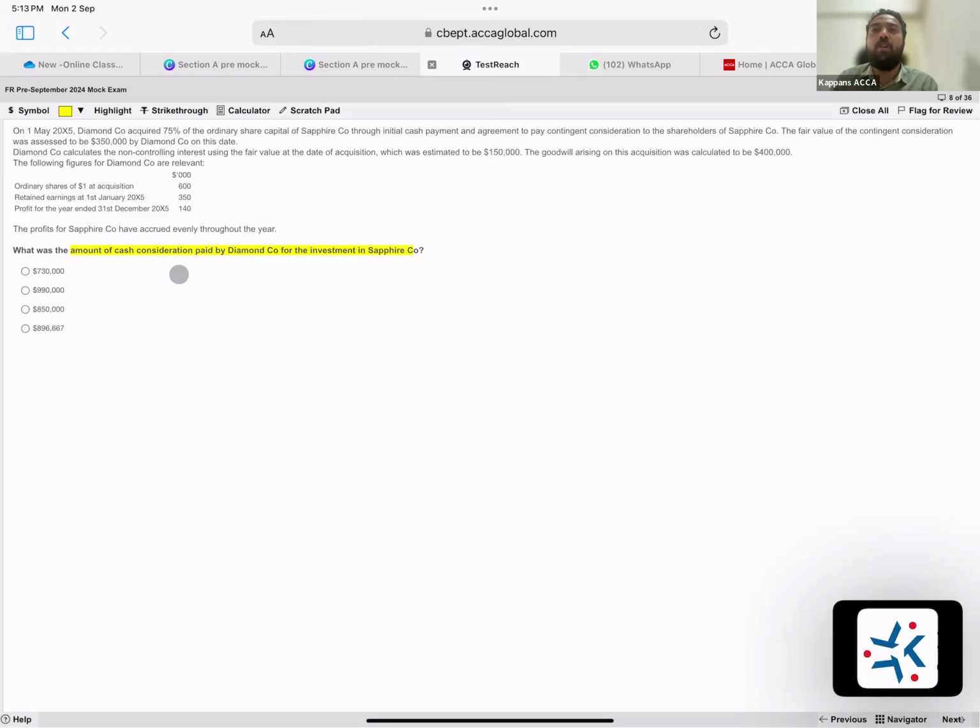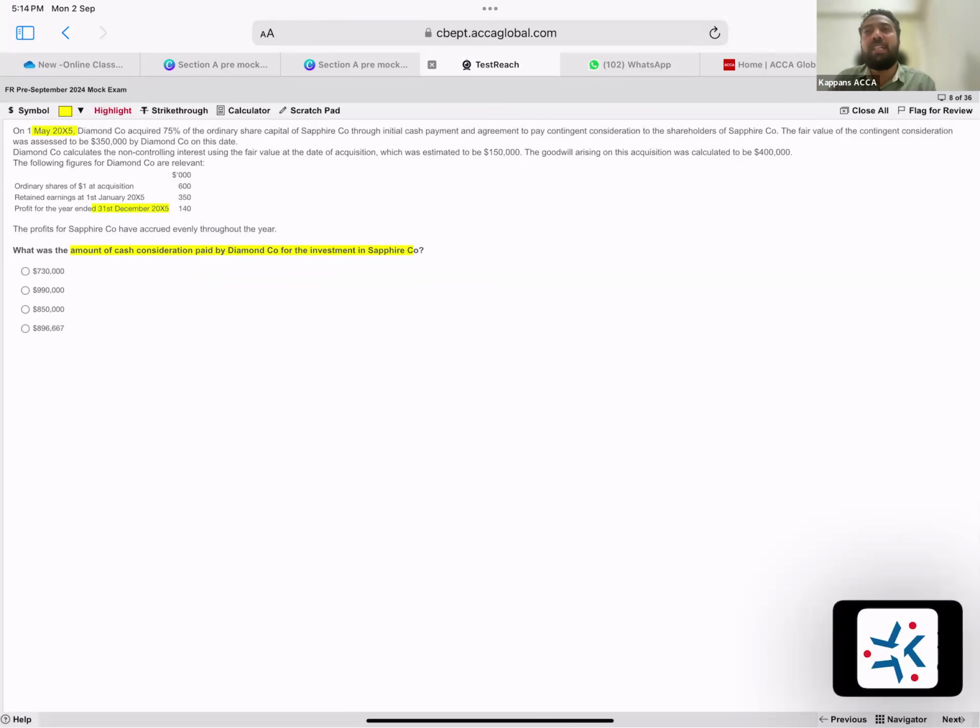What was the amount of cash consideration paid by Diamond is the question. And be very careful, it was acquired on 1st May X5, not in the beginning of the year, because the financial year ending is on 31st December X5, and the subsidiary company was acquired during the year.